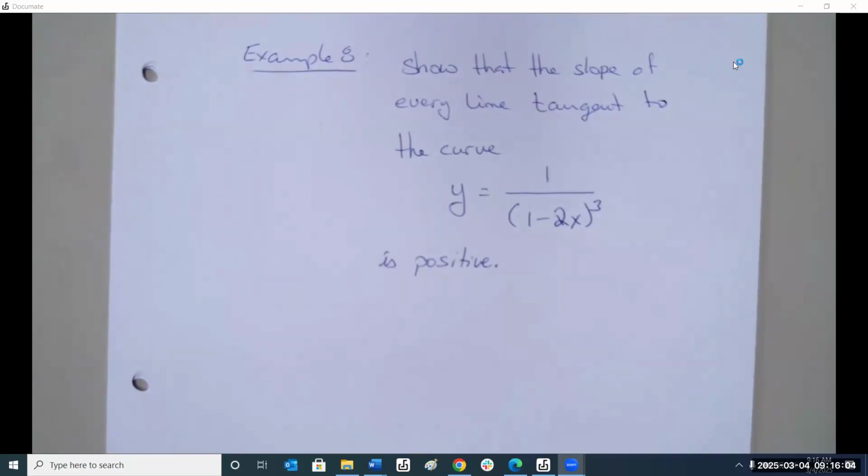At any point you pick, it's always going to have a positive slope. How can we prove that? So in that question, what does it tell us we have to find first?